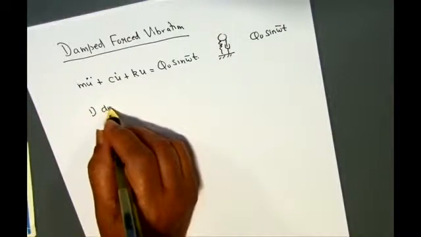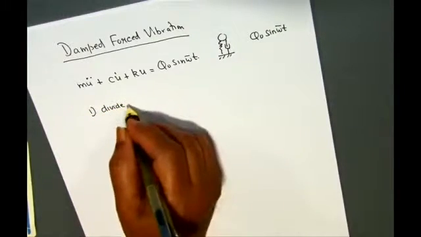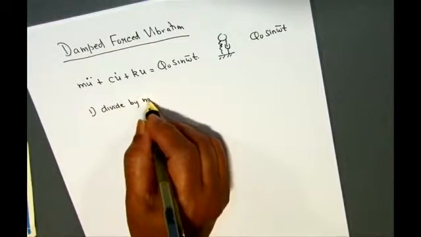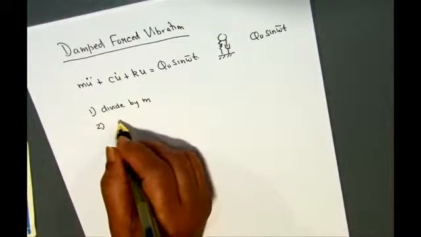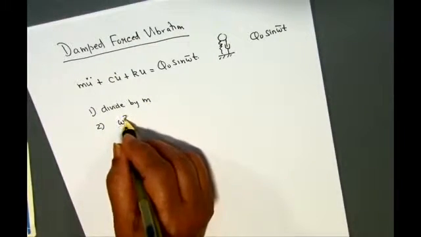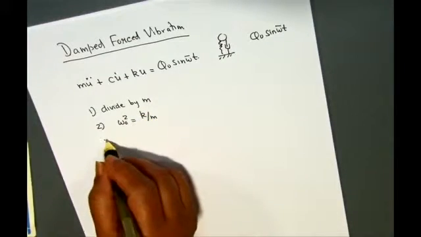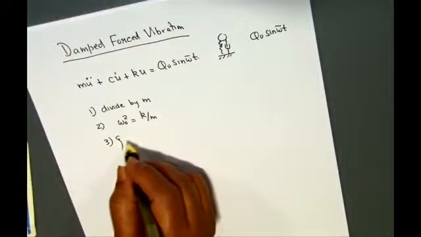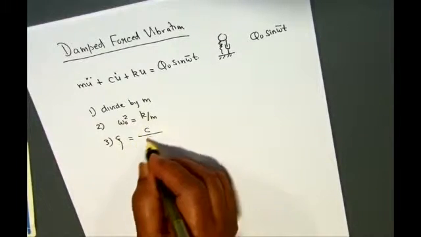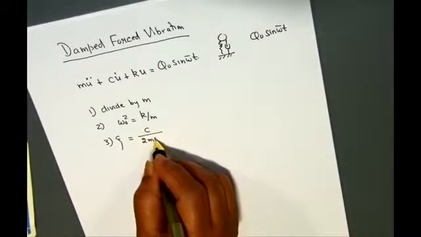One is divide by m, and we know that omega 0 squared is equal to k over m, and we also know that zeta is equal to c over 2 m omega 0.